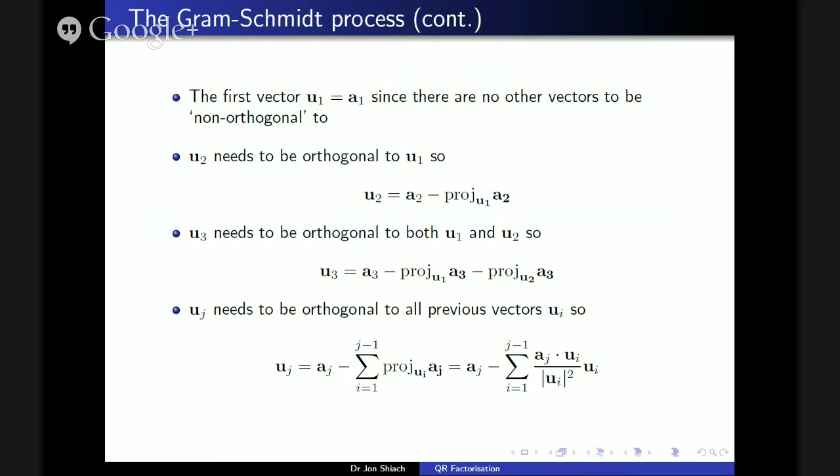With the Gram-Schmidt process for QR factorization, we need our U vectors to be unit vectors. If the U vectors are unit vectors, the norm on the bottom is going to be 1. That's going to get rid of that fraction, so it simplifies things quite significantly.